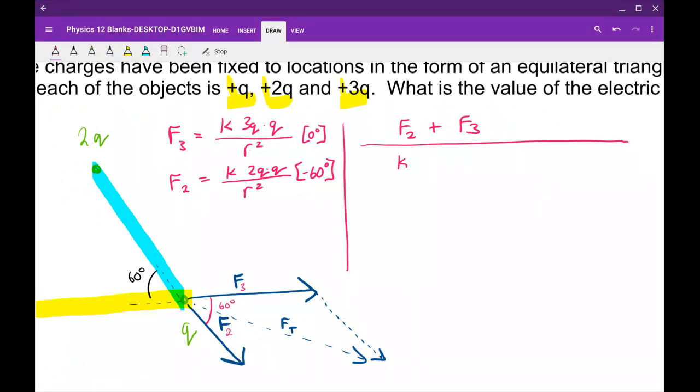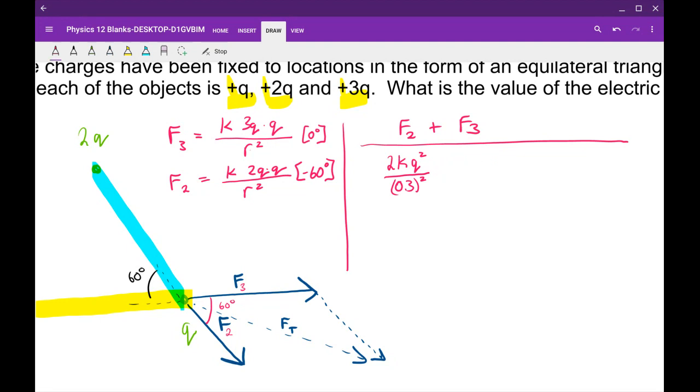F2 is 2kq squared over 0.3 squared, plus F3 is 3kq. Oh, sorry, I messed up. Well, yeah.